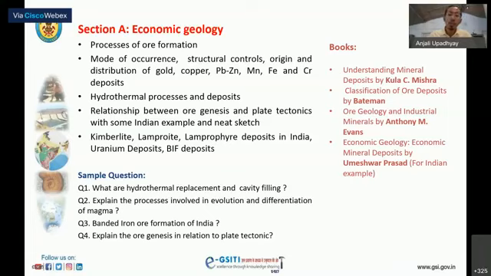From this topic, you can expect short notes or a descriptive type of question. The next one is the mode of occurrence, structural control, origin, and distribution of whether it be coal, copper, lead, zinc, manganese, iron, or chromium deposits. So you have to go through all those deposits.